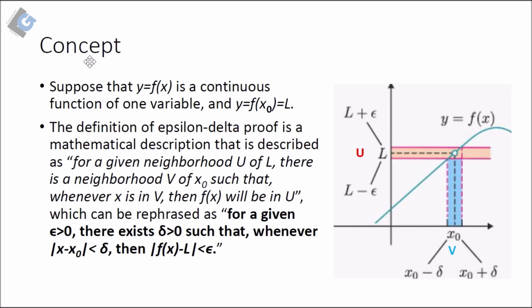That is, for a given positive epsilon, there exists a positive delta such that whenever the absolute value of x minus x₀ is less than delta, then the absolute value of f(x) minus L is less than epsilon. So this is the fundamental of epsilon delta proof.